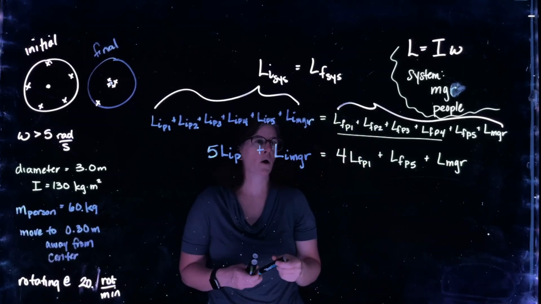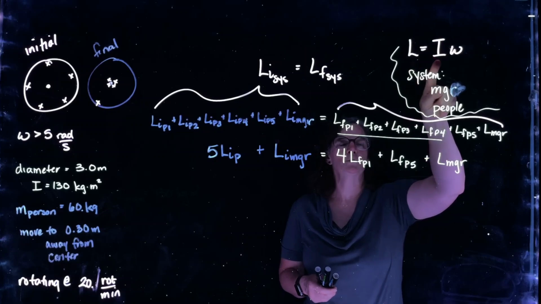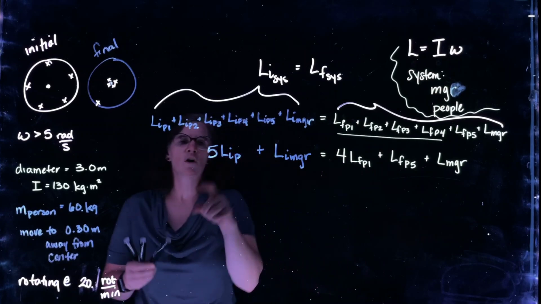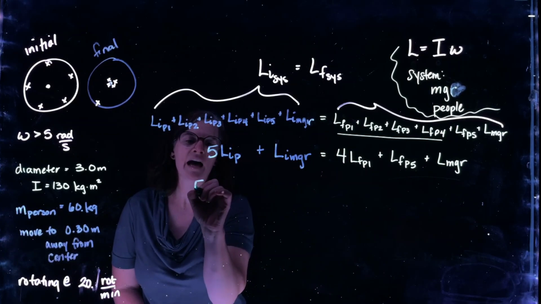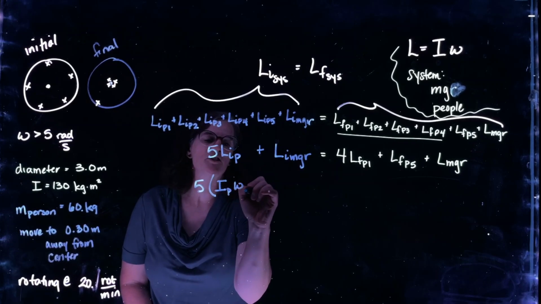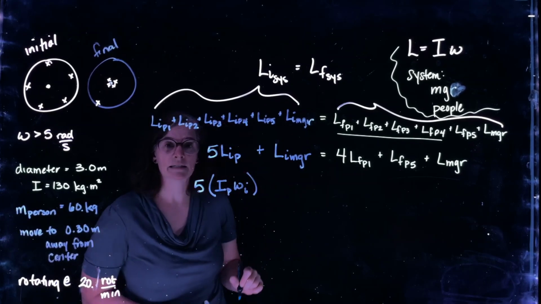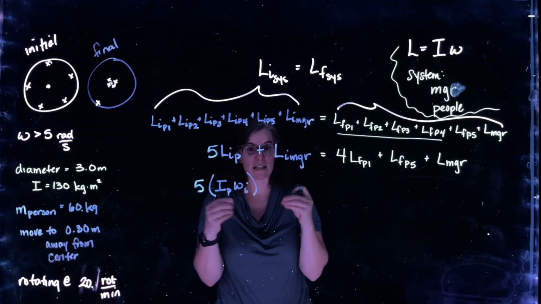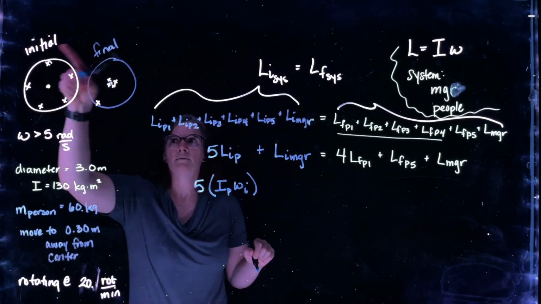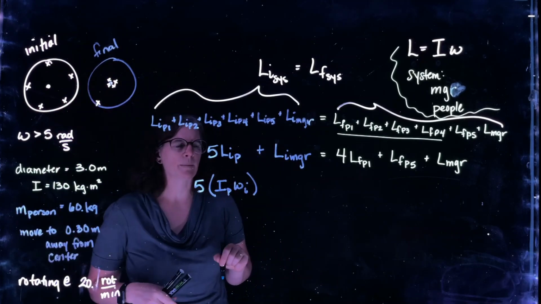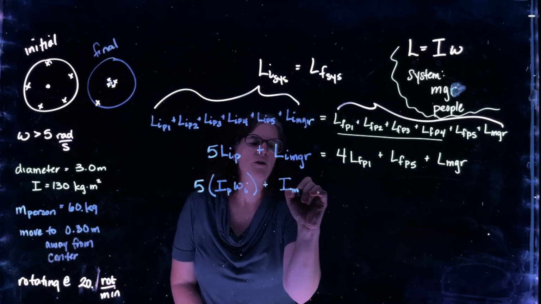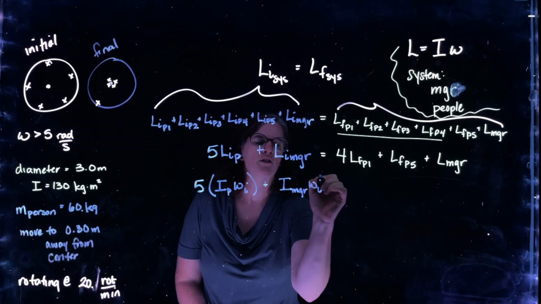All right, well, we know that the angular momentum is equal to the moment of inertia times the angular velocity. So in the case of my people, I have 5 times the moment of inertia of people times the initial angular speed of the system. They're, in this case, together. So we know that the angular speed of the merry-go-round is the same as the angular speed of the people, plus my moment of inertia for the merry-go-round times the initial angular speed.